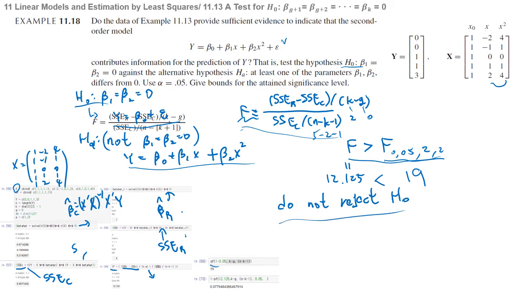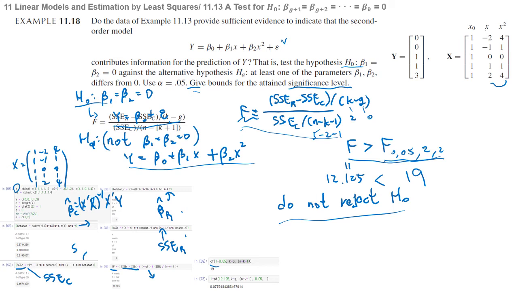And what would be the exact p-value? Here in the problem, it says give bounds for the attained significance level. In the textbook you only have tables; in the appendix, you have a table for the F distribution. But since we have R software, you can easily calculate the exact p-value.